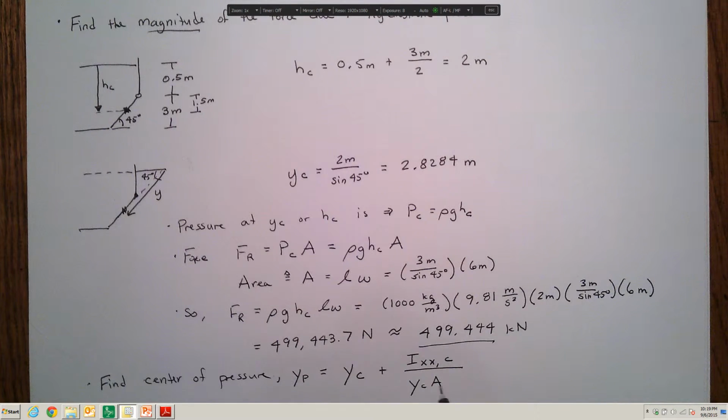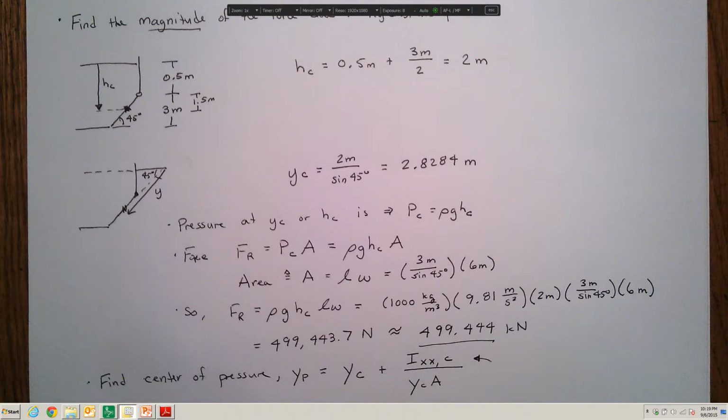Of course, now we need to find the second area moment. This has been calculated for a number of different geometries, so we're going to take a look at some tables that tell us about the different area moments.